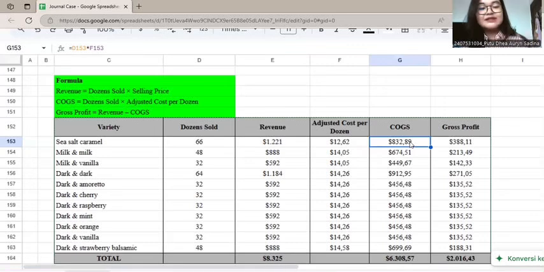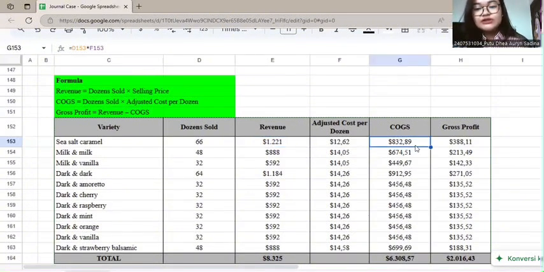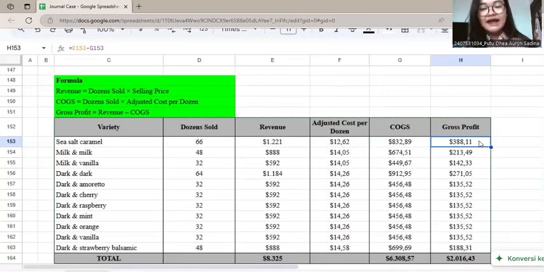So for example, sea salt caramel, we have the revenue 1,221 minus 832.89. So we got 388.11. Do this for each variety as well.